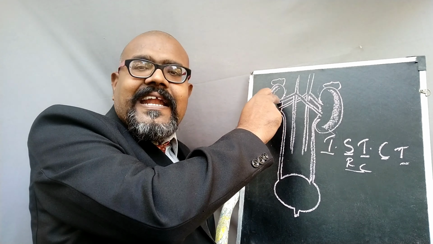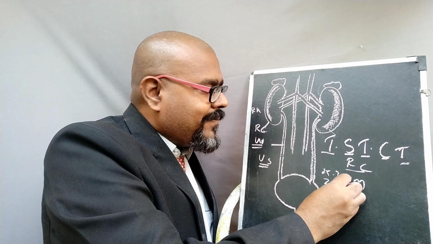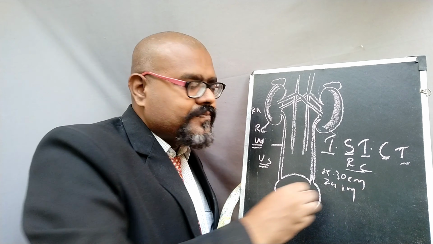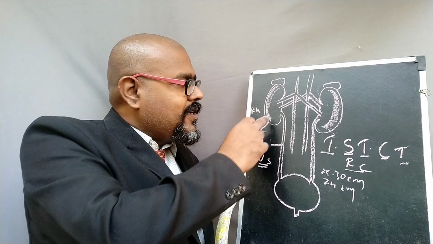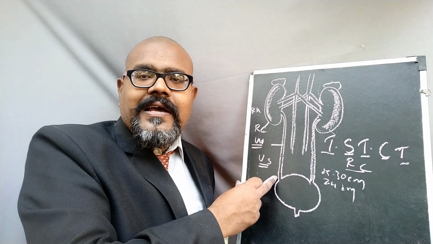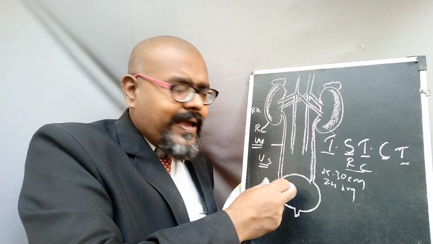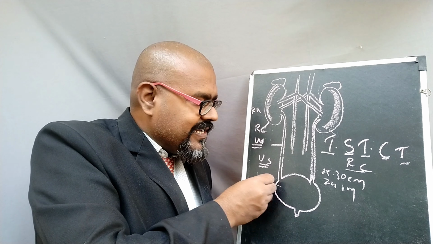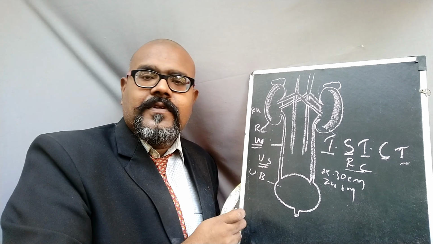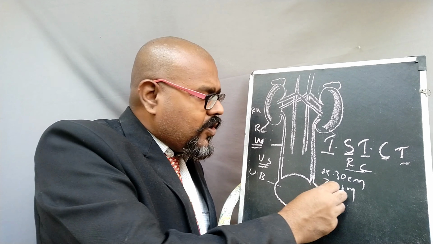This ureter is around 25 to 30 centimeter in length and 2 to 4 centimeter in diameter. Please remember. This ureter goes straight and connects to the bag-like structure called the urinary bladder.